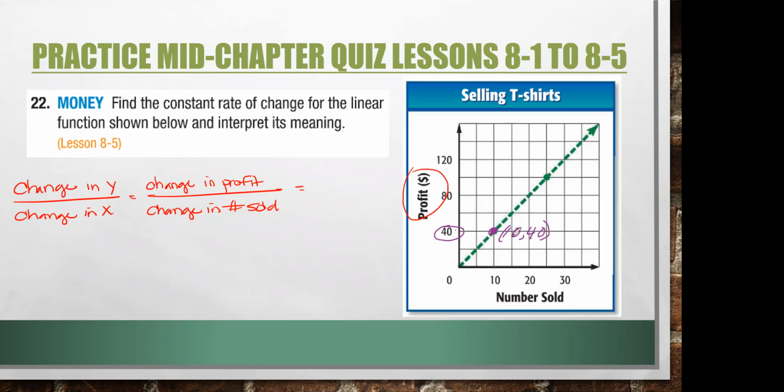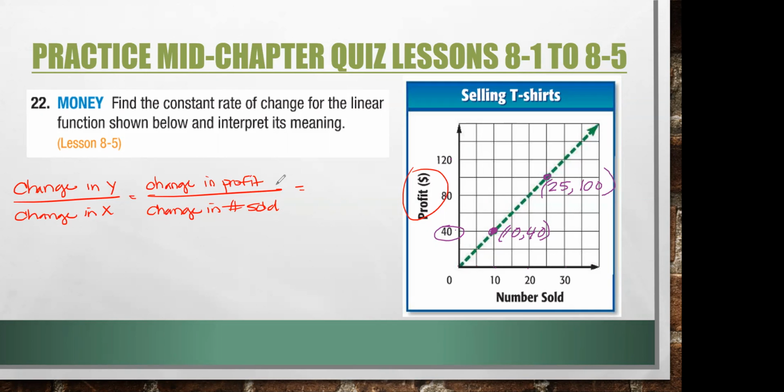So the x value is 10, the y value is 40. For this point here, our x value is halfway between 20 and 30, which would be 25, and the y value is halfway between 80 and 120, so that would be 100. Those are the 2 points I'm going to be using.